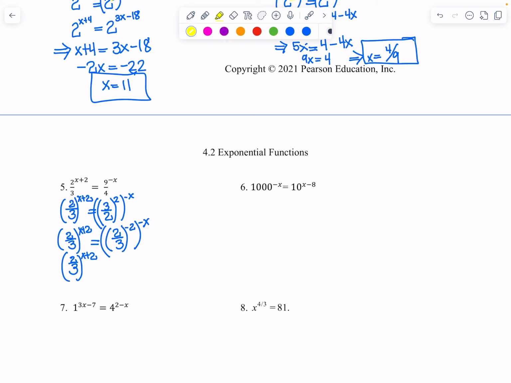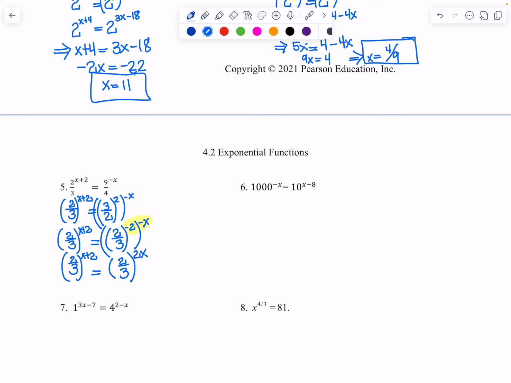Then look on this side. We got to multiply these. We get a positive 2x, right? So we get 2/3 to the positive 2x. Right? Because a negative and a negative give me positive.